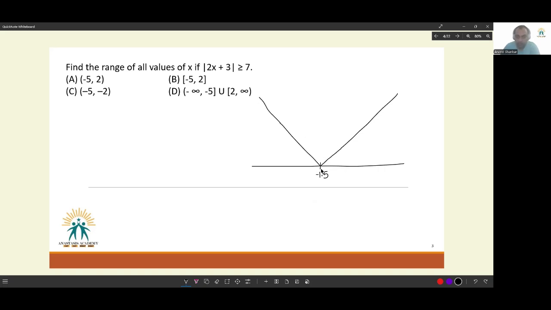Now from -1.5, in order to get to 7, you would have to travel 8.5. We have to also make a line y equal to 7.